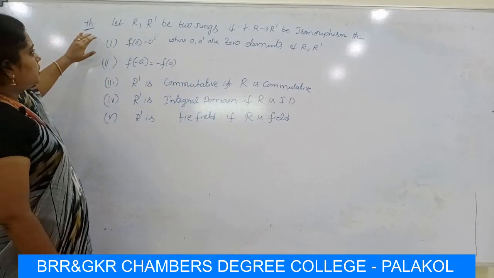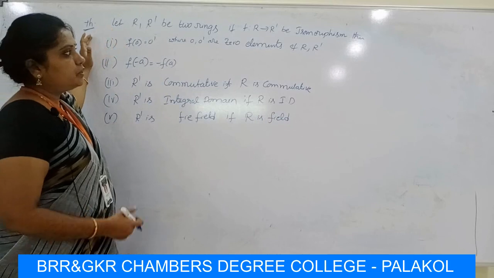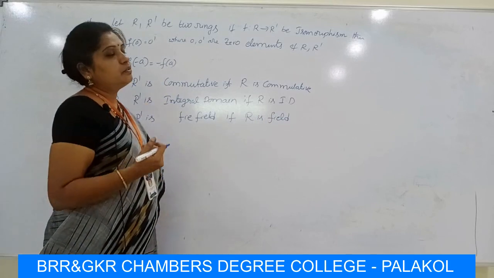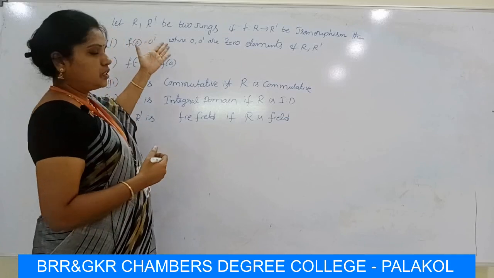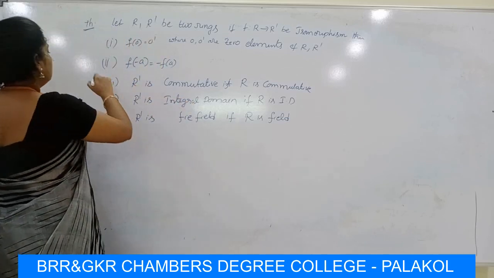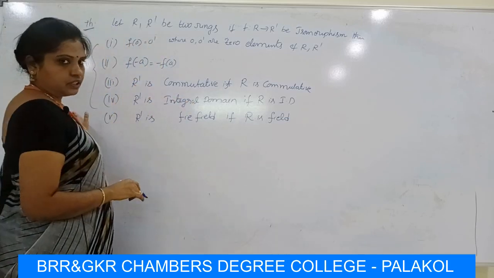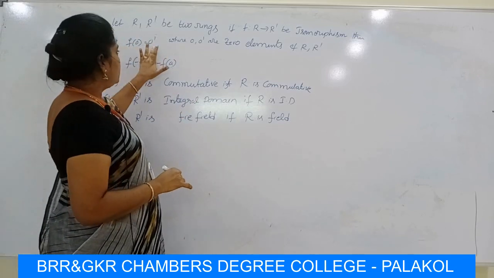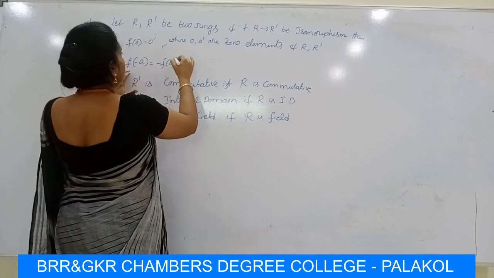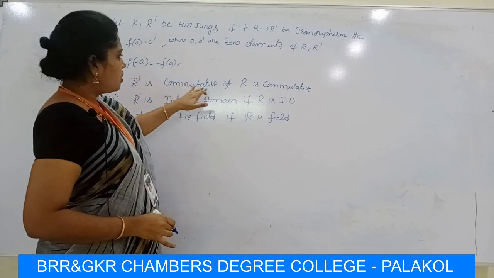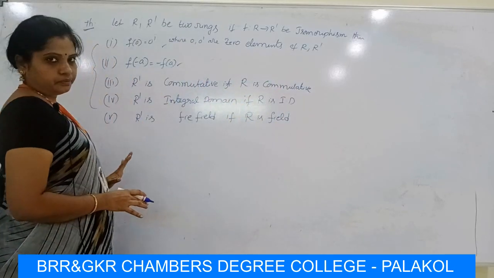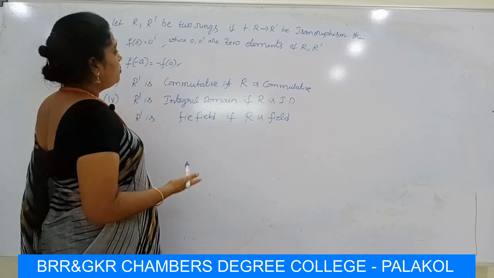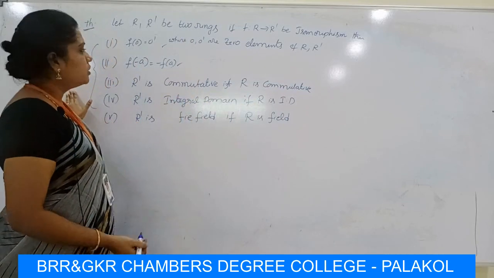So see the statement. Let R, R dash be 2 rings and f maps R to R dash be an isomorphism. We have to prove all these 5 properties. Those are f of 0 is equal to 0 dash, f of minus a is equal to minus f of a, and R dash is a commutative ring if R is commutative. These 3 are already proved by previous theorems.